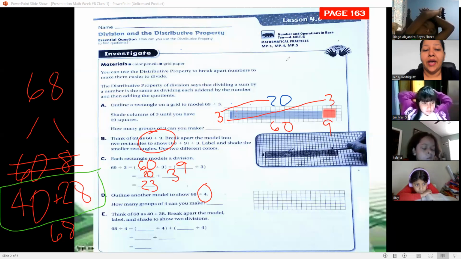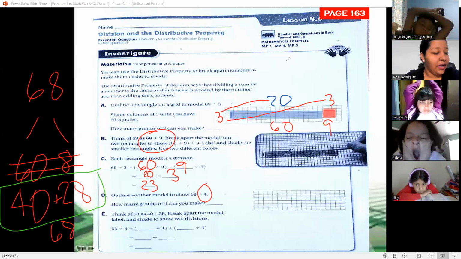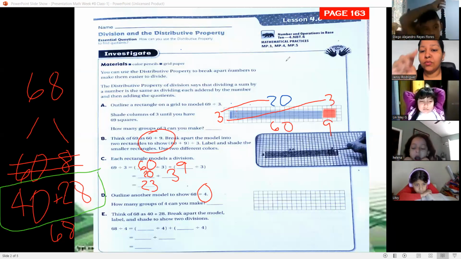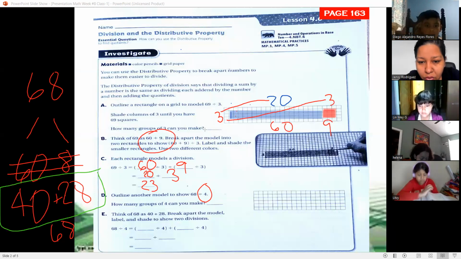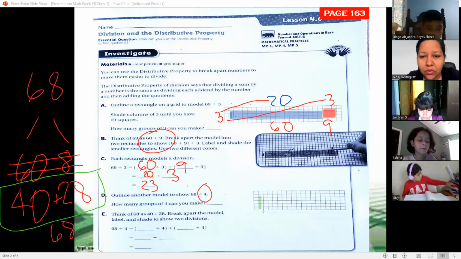So I need to find 4 rows of 10, guys. You can do it in your notebook. 4 rows of 10. So, 4, 5, 6, 7, 8, 9, 10.